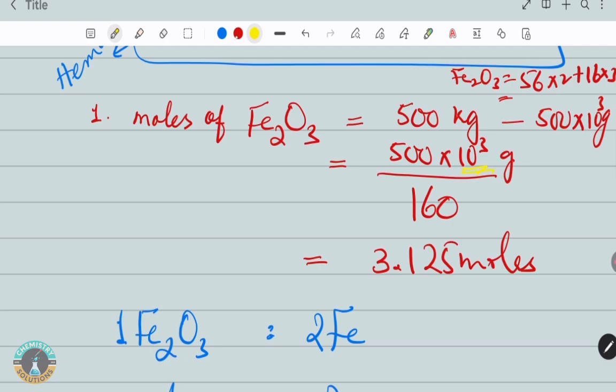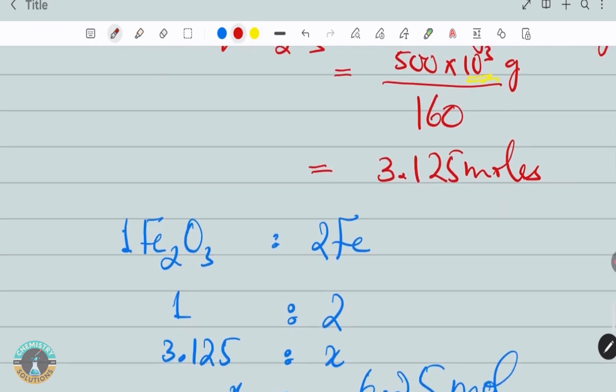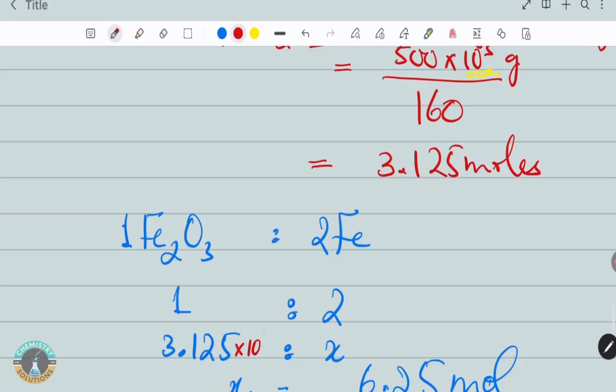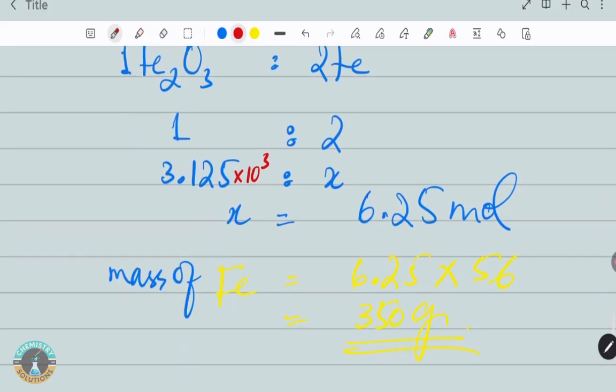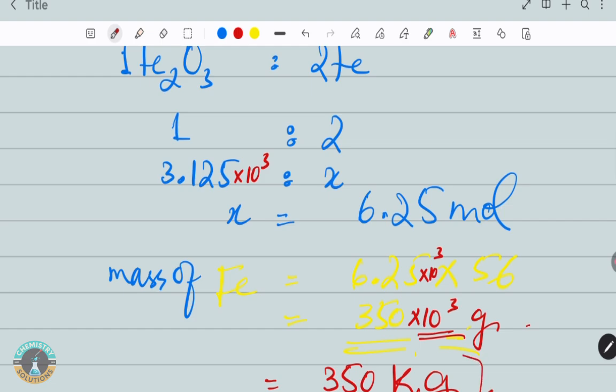So along with all the values, we will write 10 raised to power 3: 6.25 into 10 raised to power 3. So the value is 350 multiplied by 10 raised to power 3 gram. For kilogram, we remove this 10 raised to power 3 and it converts back into kilogram: 350 kilogram. So this is the mass of iron, that is 350 kilogram.